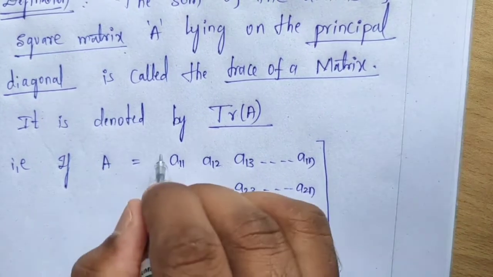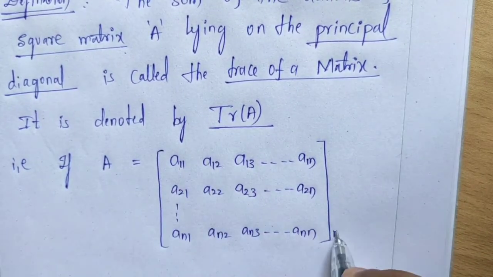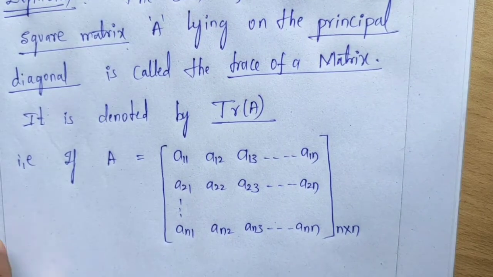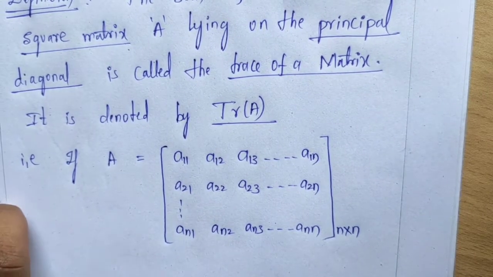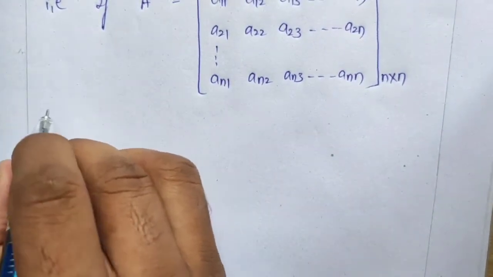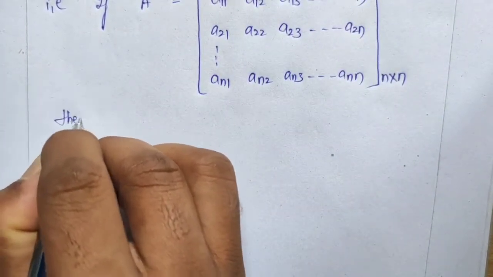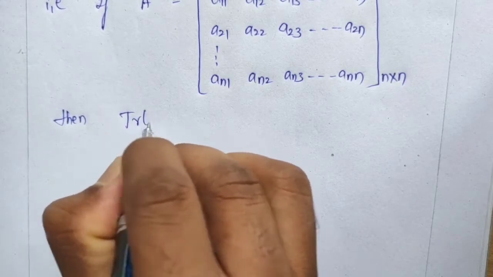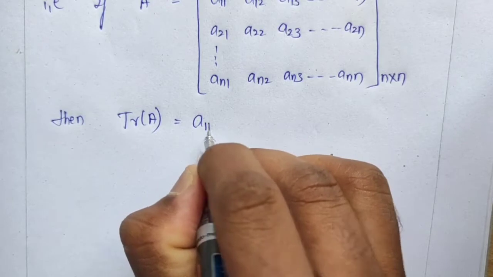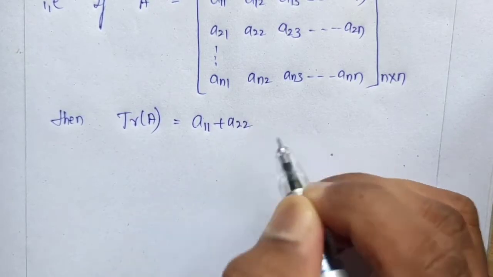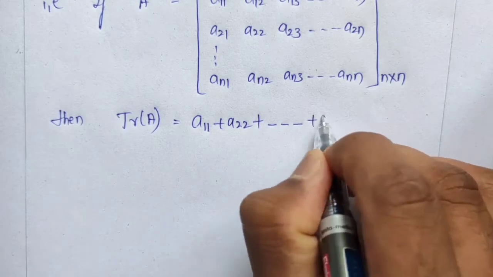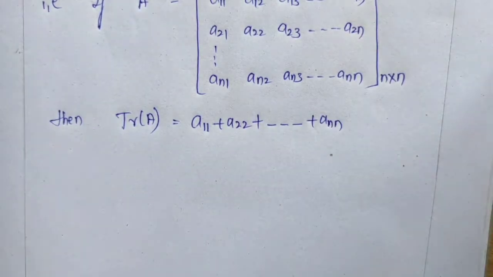It is a square matrix, n cross n matrix. Then trace of A equals A11 plus A22 plus so on plus Ann.